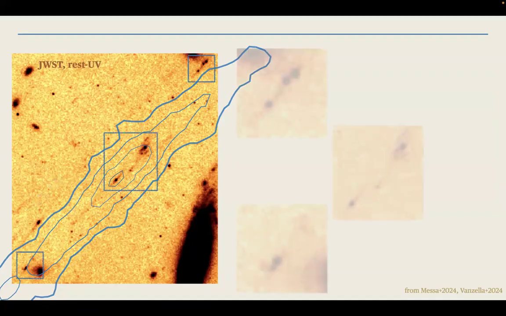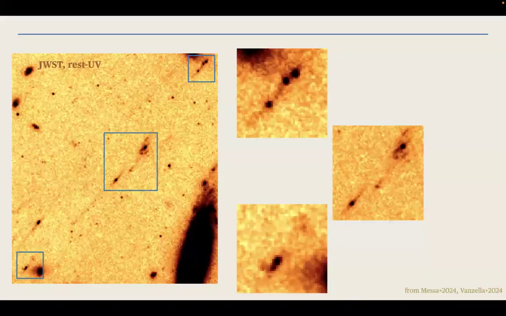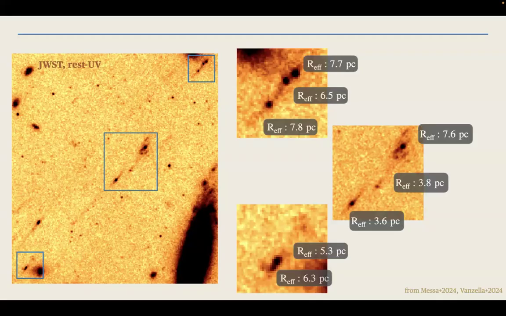What we see in the rest frame UV is that the stellar counterparts of the Lyman alpha halo are simply these few spots here that, if we zoom into these squares, are made of very compact sources. So if we measure the sizes of these sources and, with the lens, account for the magnification, we're reaching radii smaller than 10 parsecs.